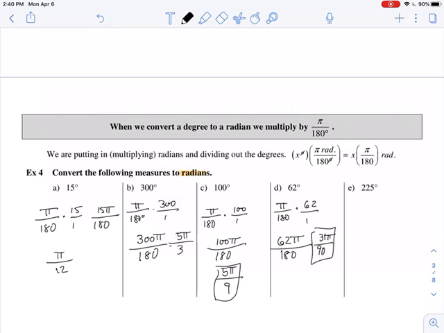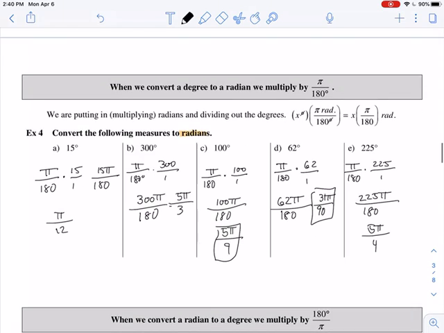Last but not least, same thing we've been doing, guys. Pi over 180 times 225 over 1. I end up with 225 pi over 180. Use that math frac in your calculator because it's going to spit out the correct number. So then you're going to get 5 pi over 4. Okay? So that's going degrees to radians.